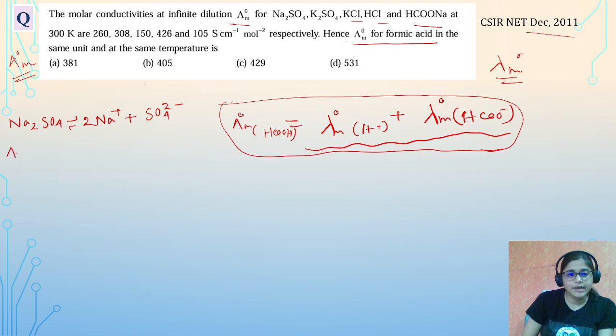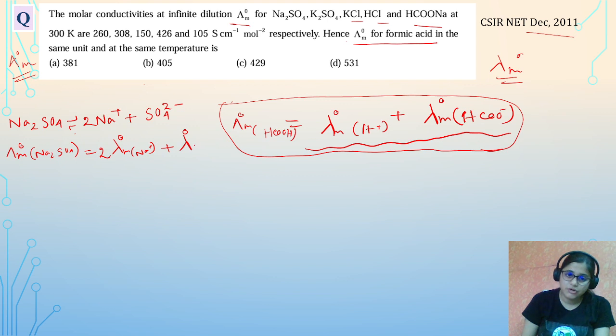So the delta M0 of Na2SO4 will be simply 2 multiplied with the lambda 0M of Na plus, because 2 sodium ions are there, and SO4 2 minus is 1, so lambda M0 of SO4 2 minus. This is equation number 1, and the value is equal to 260.